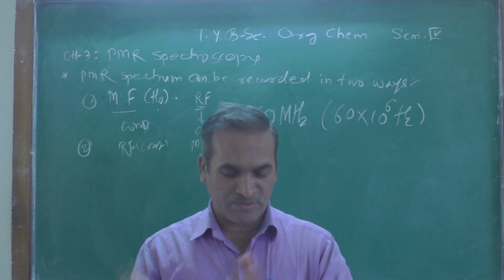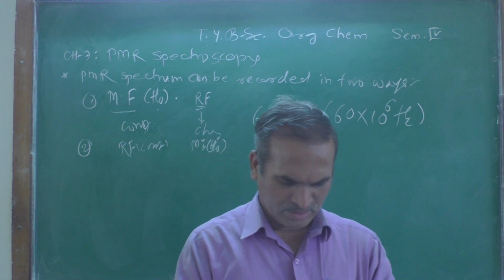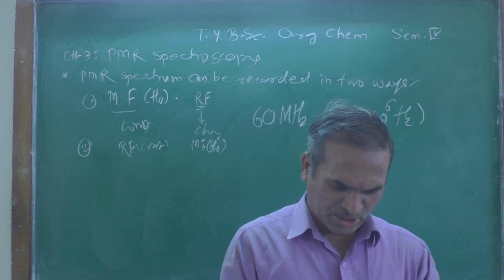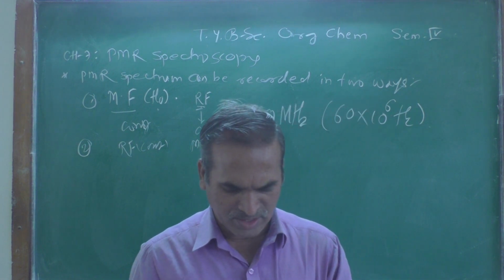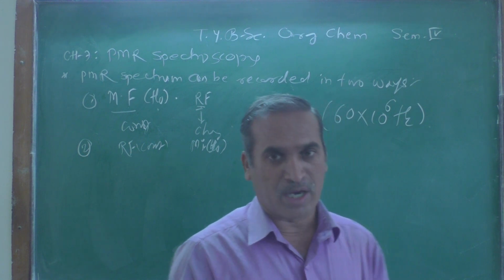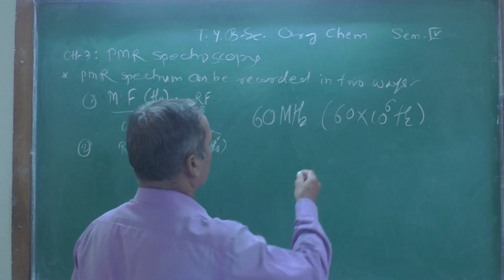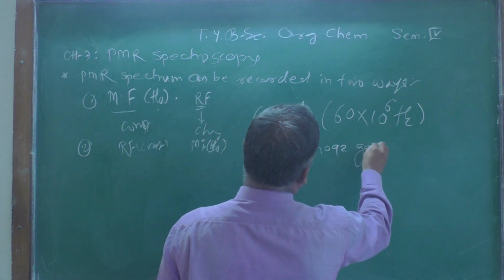The magnetic field required at this radio frequency to excite the nucleus is about 14,092 Gauss.